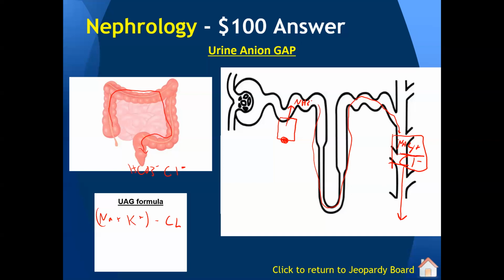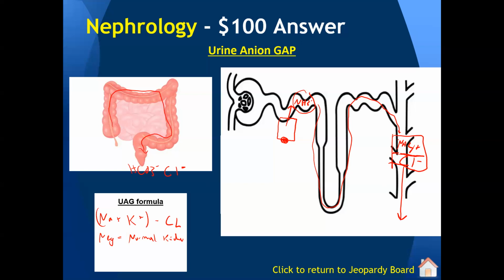You can't measure ammonium, so you're going to measure chloride. So you have a ton of chloride in their urine. That means their kidneys are working because they're responding appropriately to metabolic acidosis by secreting this NH3 buffer that combines to form NH4 that combines with chloride. So if it's negative, that equals normal kidneys.